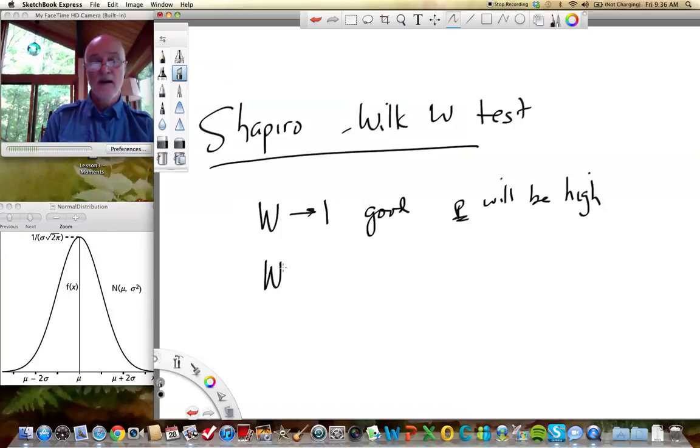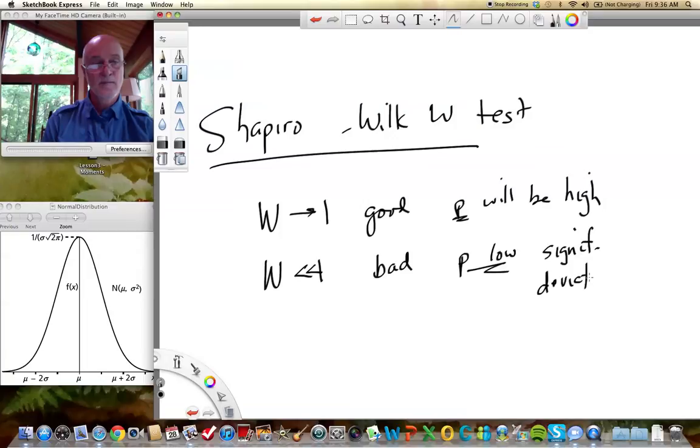And W much less than 1 is bad, and P will be low, indicating significant deviation from normality. So in SAS JMP, that's going to be our test for normality.